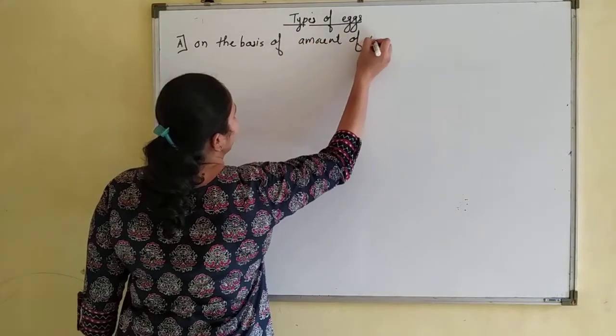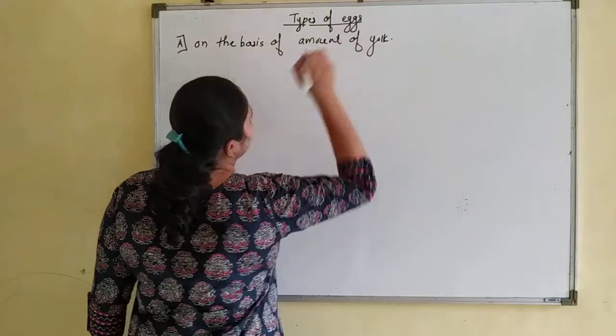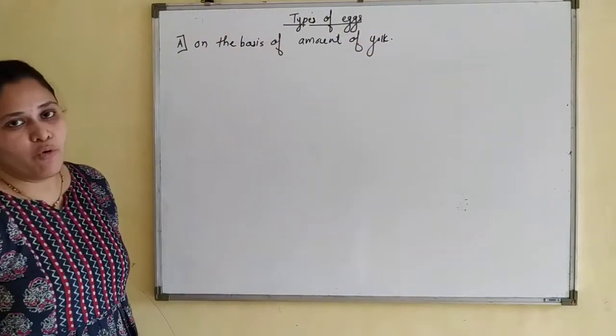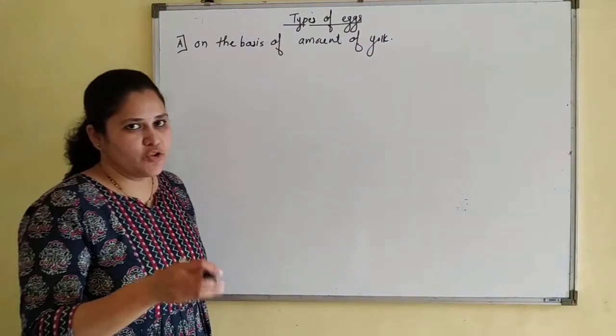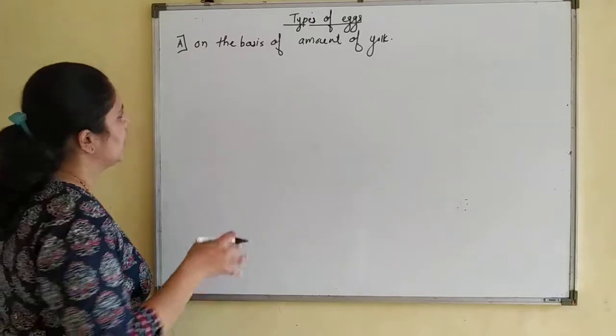There are four types of eggs on the basis of amount of yolk.